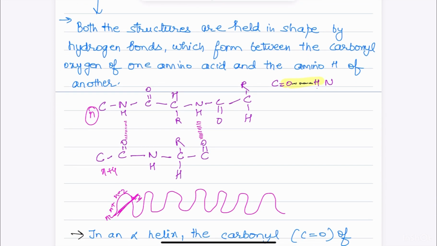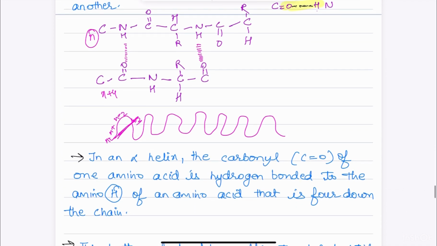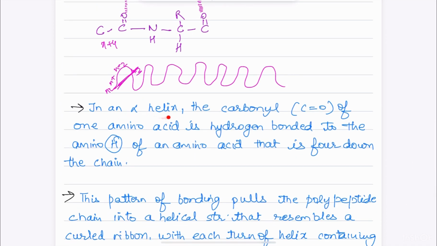So as you can see here in the structure, the carbonyl oxygen, CO, of one is forming a bond with the hydrogen of NH. So now the first amino acid combines with the fourth amino acid to form this helical shape.